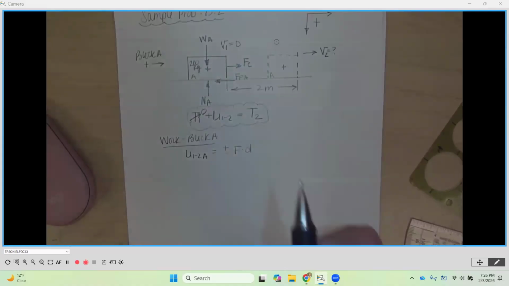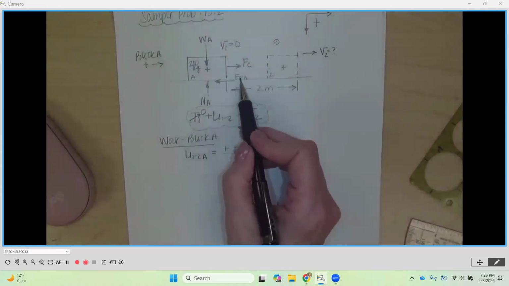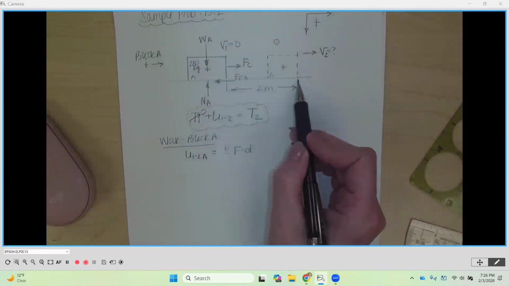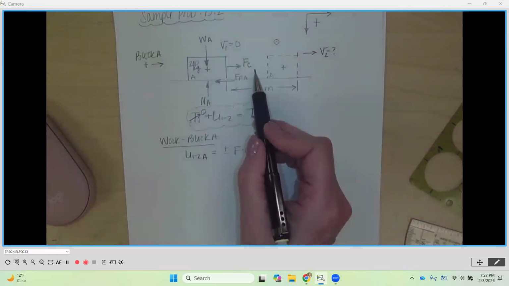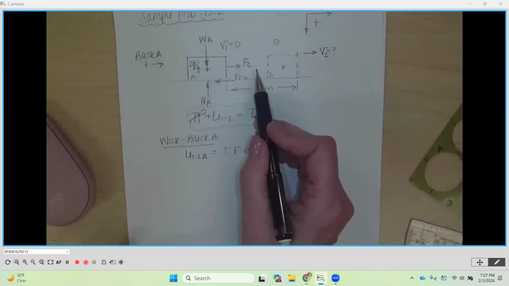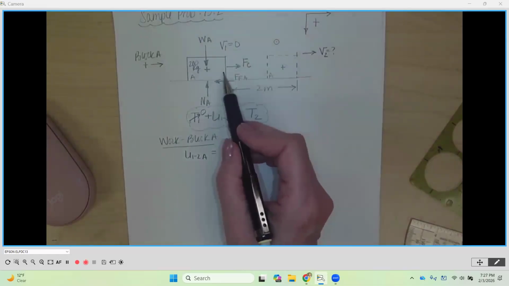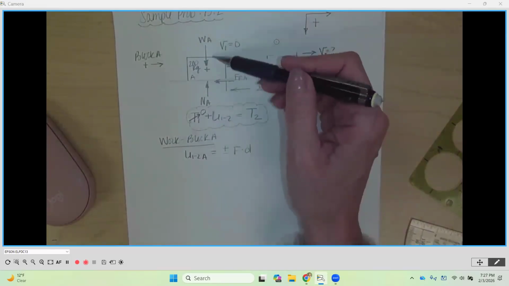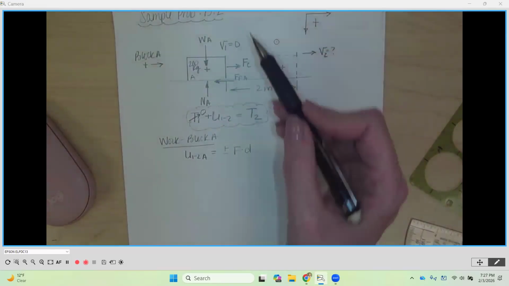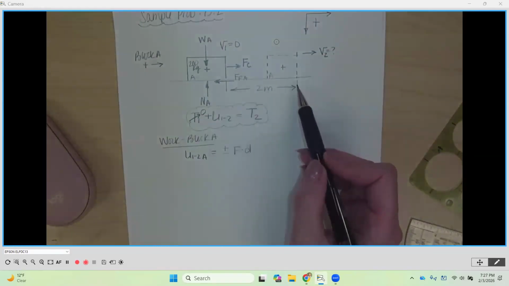That's how I like to say it. So for instance, if this is moving to the right 2 meters, the forces that are causing or engaged with that work are going to also be horizontal. Does that make sense? Our vertical forces have no effect on the work done over that 2 meters.